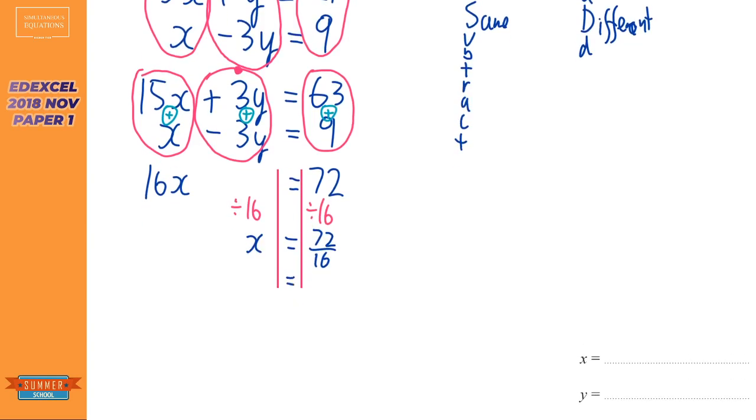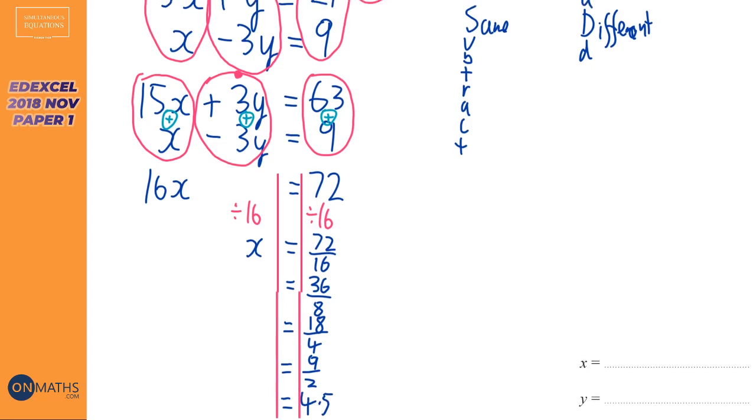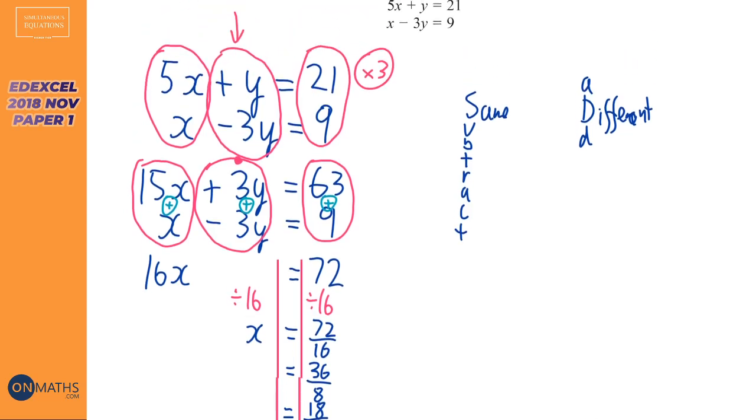I can halve top and bottom, so that would be 36 over 8, could do the same again, so that's 18 over 4, do it again, 9 over 2, and 9 over 2 is 4.5. Okay, so we know that x is 4.5.